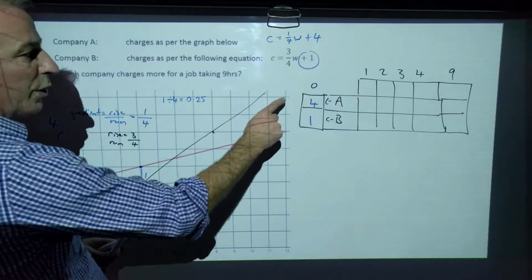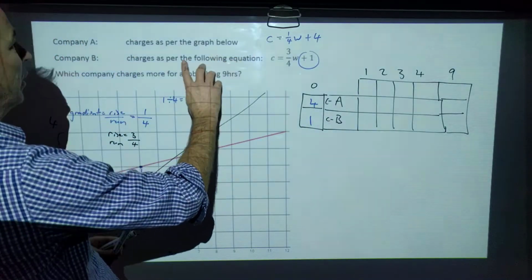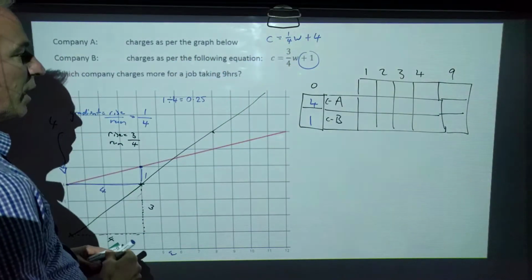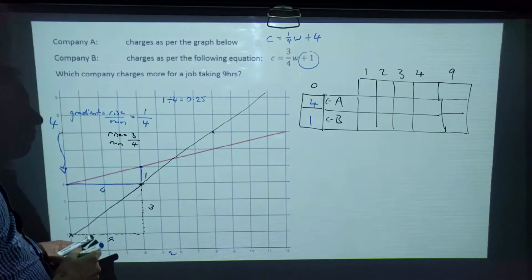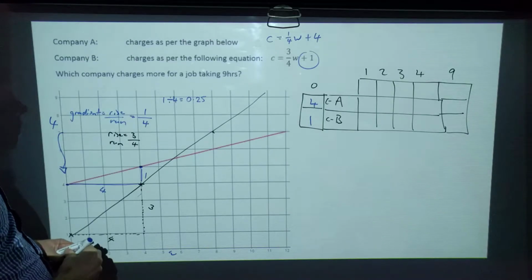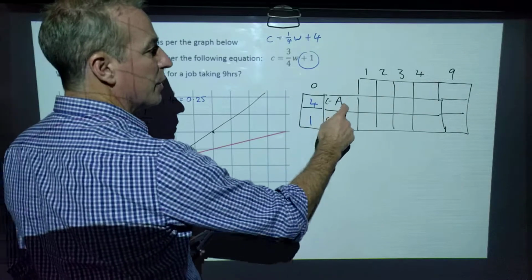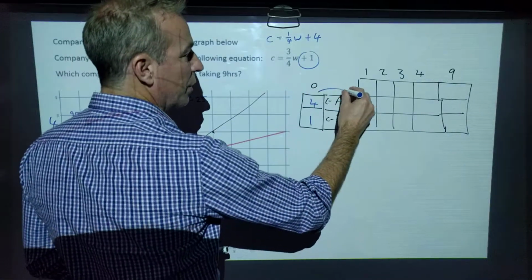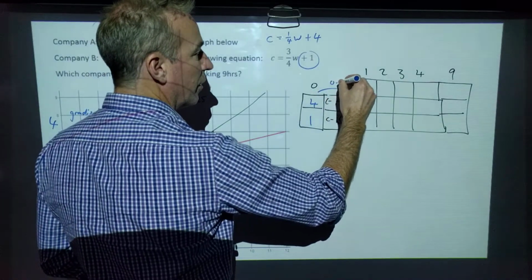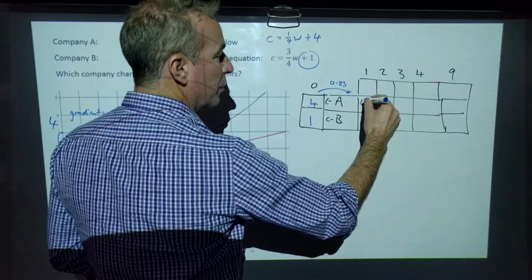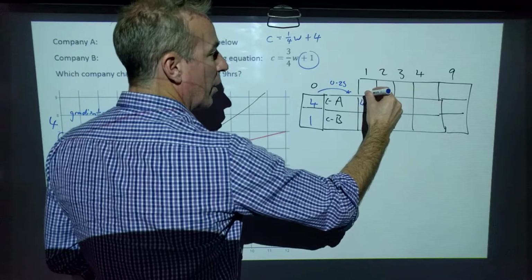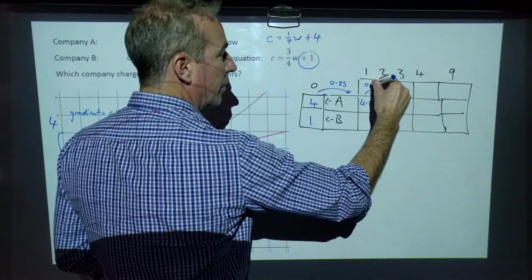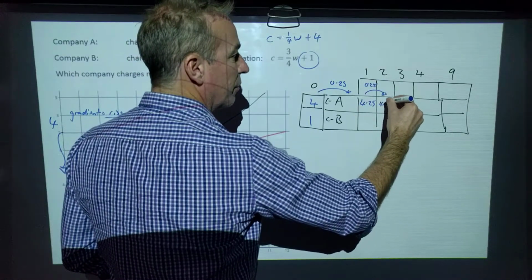And with A, we know it's going up a quarter, and 1 divided by 4 is 0.25. So we know that A should be going up 0.25 each time. So if we go up 0.25, it becomes 4.25.